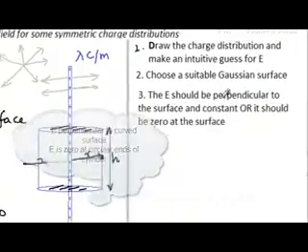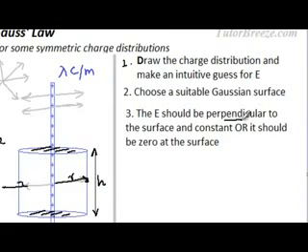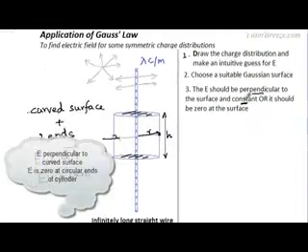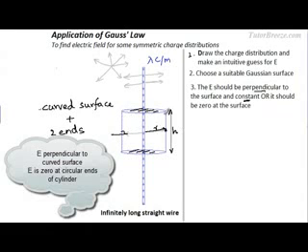So E has to be either perpendicular and constant also. It shouldn't have a varying magnitude. So in this case, E is perpendicular and constant to the curved areas, and it is 0 through these areas because there is no flux through these two ends of the cylinder.